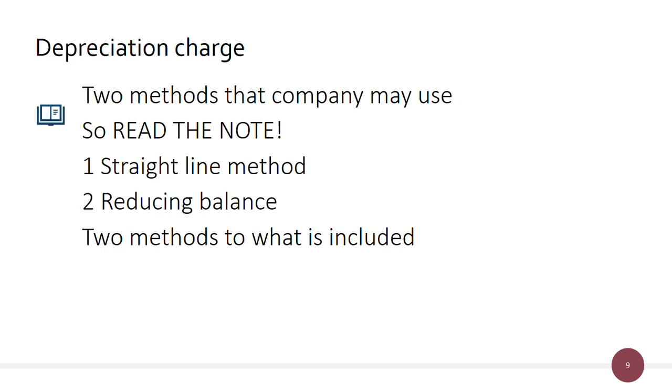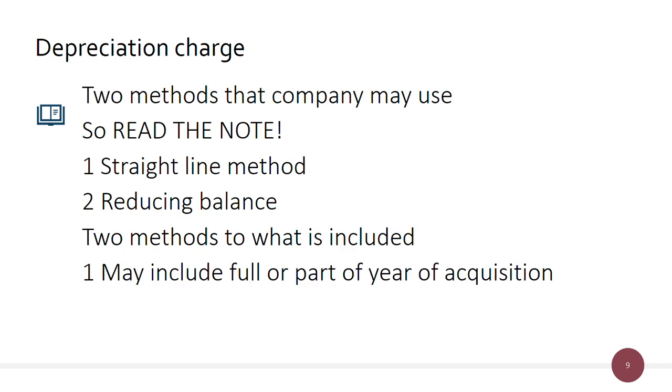Also, we've got two methods of how we can calculate the depreciation. Your note might say depreciation is full in the year of acquisition and none in the year of disposal. So regardless of when you bought it, if you bought it in the year, you get a full year's worth of depreciation charge in the first year. They keep depreciating it, but when you dispose of it, you get none of it.